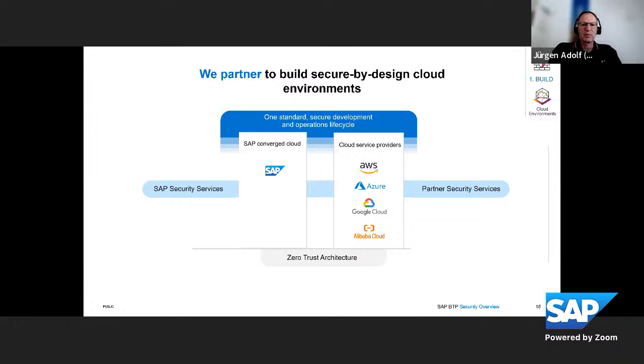The first is SAP's cloud environment called the SAP Converged Cloud. On the other hand, we also have the second type of environment, where SAP utilizes our partnerships with cloud service providers such as AWS, Microsoft Azure, Google Cloud, and also Alibaba Cloud to manage and deploy the assets.